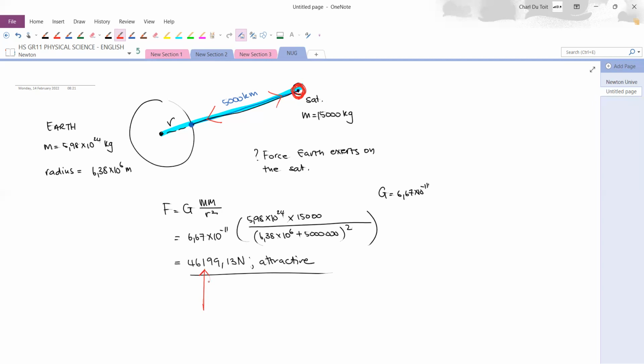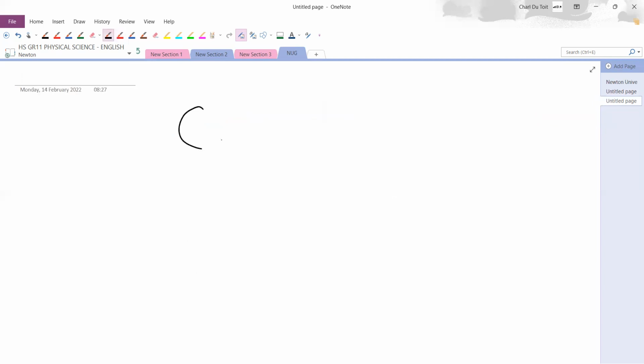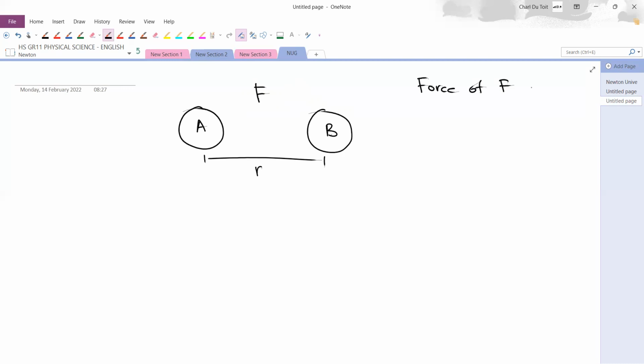Okay, this is one section of the work that you need to be able to understand and do. They are also going to test you in short questions in this chapter. So they're going to have two objects, let's say A and B. The distance between A and B is R, and the force of attraction is F. So there's a force of F between A and B when they are apart.